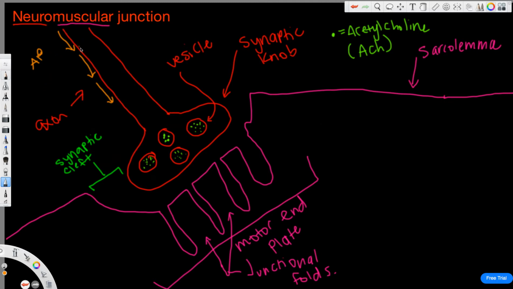So electrical excitation is traveling this way. At the area of the synaptic knob, we have a couple different kinds of ion channels.